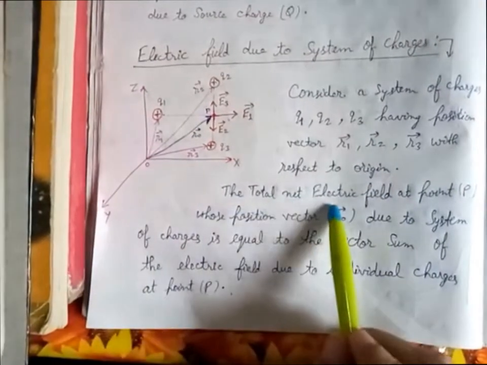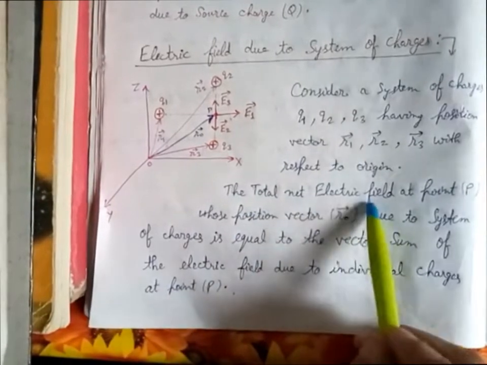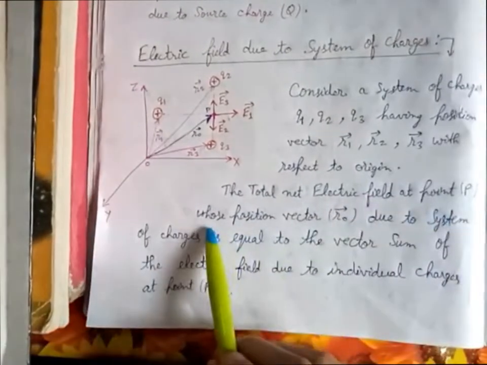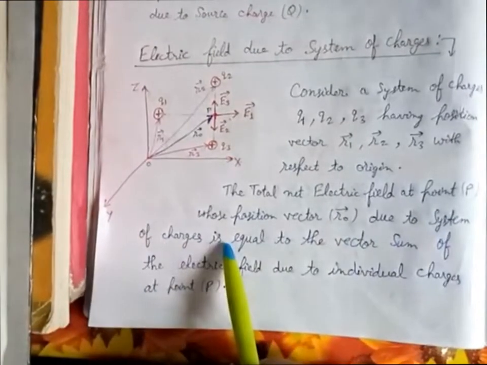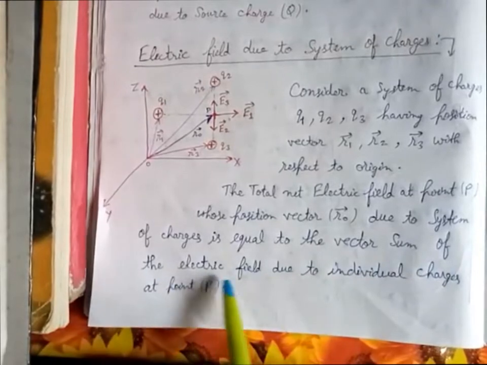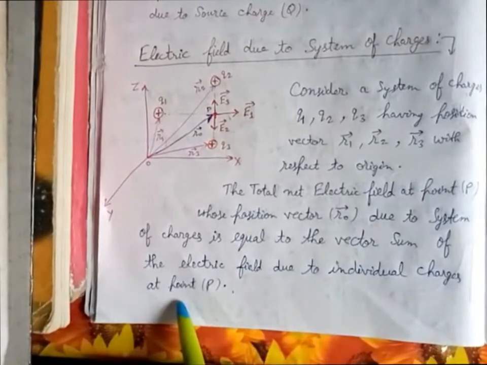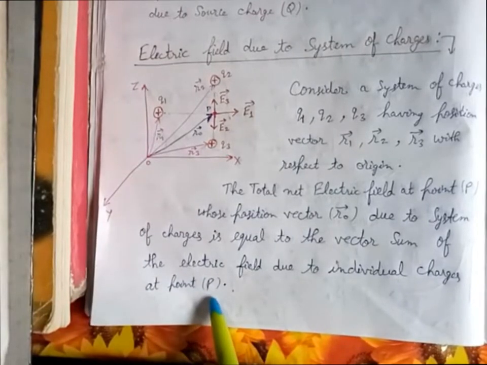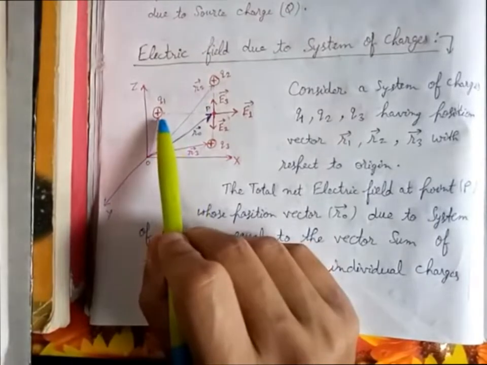The total net electric field at point P, whose position vector is R0, due to the system of charges, is equal to the vector sum of the fields due to the individual charges at point P. So we have to apply the superposition principle.